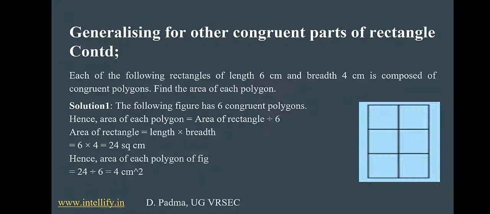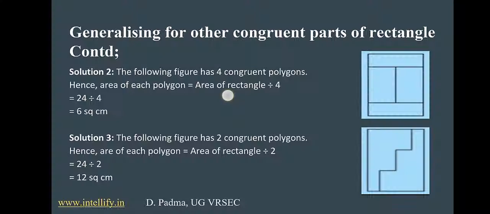Area of rectangle equals length into breadth. So what is the area of rectangle here? Length is 6 centimeters and breadth is 4 centimeters. 6 into 4 equals 24 square centimeters. Hence area of each polygon equals 24 by 6, since we divided the rectangle into 6 parts. So 24 by 6 equals 4 square centimeters.